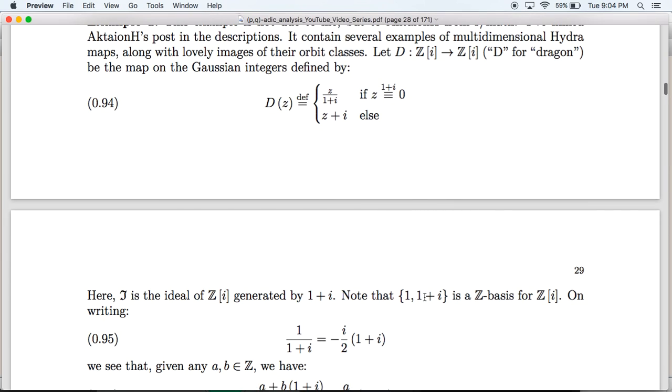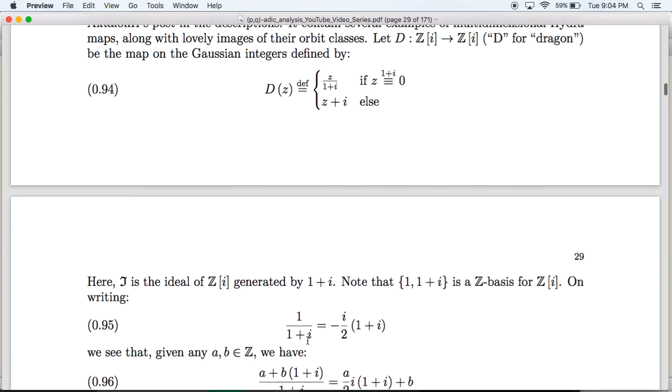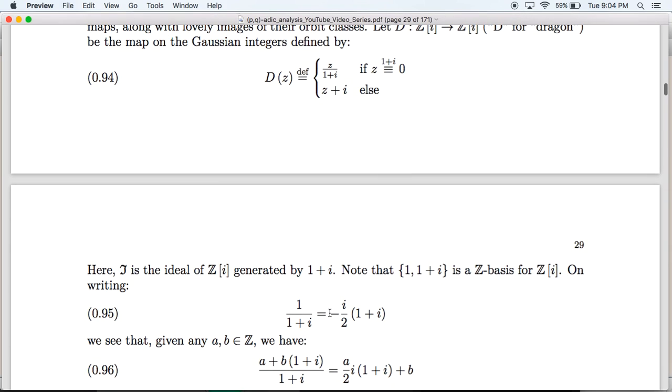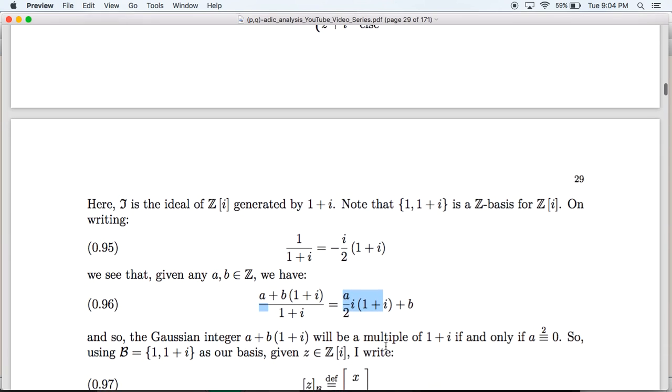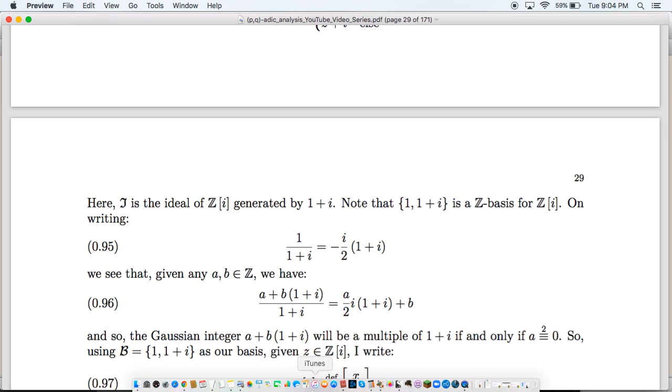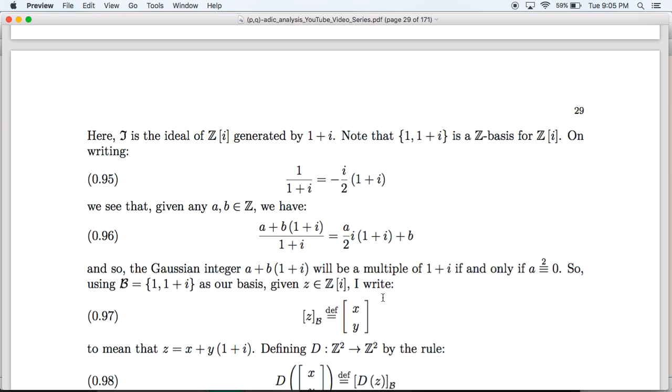Note that 1, 1 plus i is a Z-basis for Z[i], and on writing 1 over 1 plus i as negative i over 2 times 1 plus i, we see that given any a and b in Z, the action of an element z written with respect to this basis, by dividing by 1 plus i, is this thing. And so the Gaussian integer a plus b times 1 plus i will be a multiple of 1 plus i if and only if a is congruent to 0 mod 2.